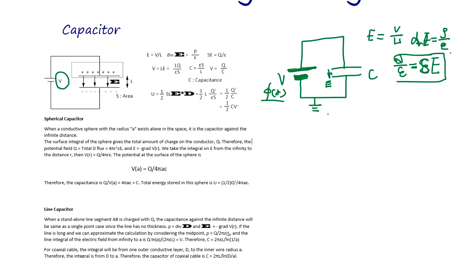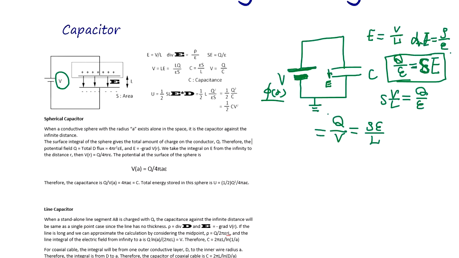Sorry, this is S, area, because rho is a surface charge density, right? So S V over L equals Q over epsilon, and Q over V becomes S epsilon over L.